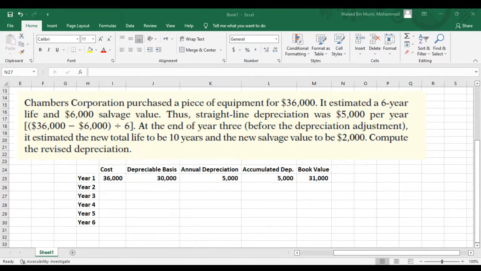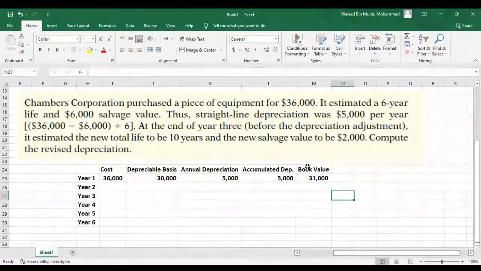Okay, now what will happen? See, in this scenario, straight line method, look at the question, it was 5,000 per year. At the end of 3 years, before the depreciation adjustment, it is estimated that the new life should be 10 years and the new salvage value to be 10,000.